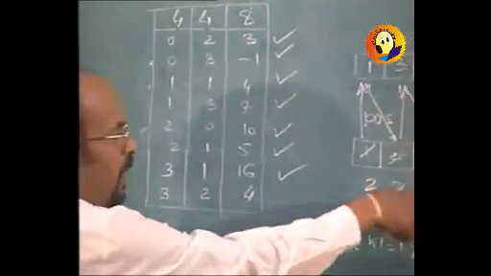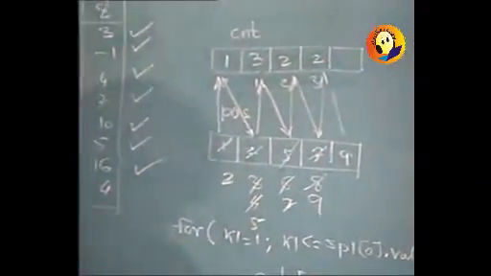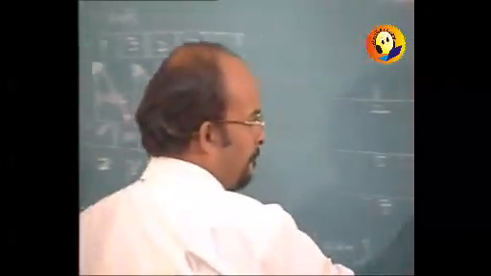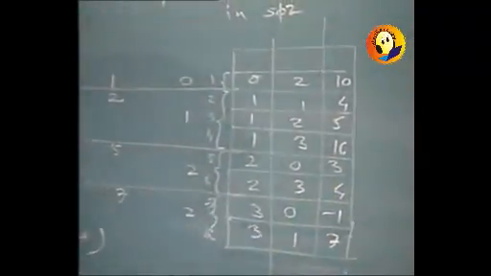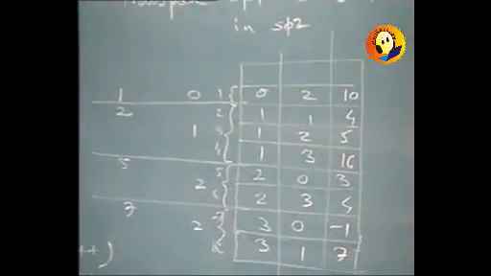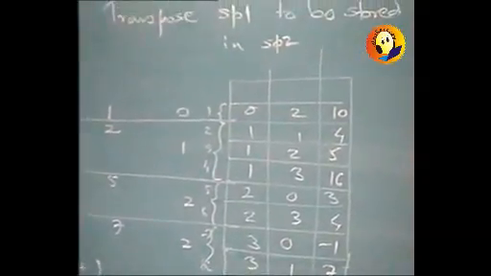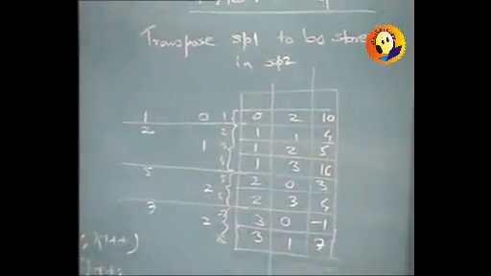And 2, 3, 3, 2, 4 at position 6, 2, 3, 4. And you get the transpose, which is again in the sorted manner.